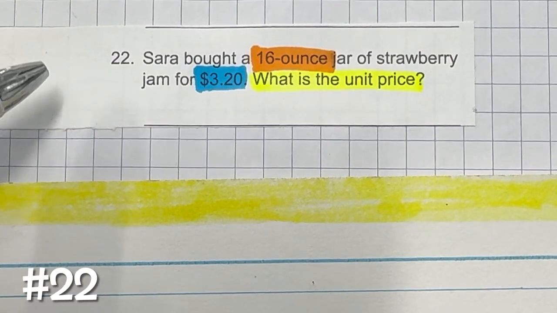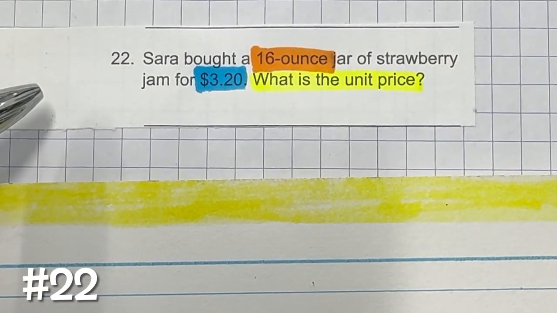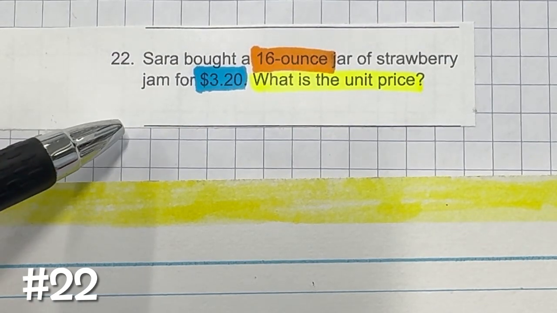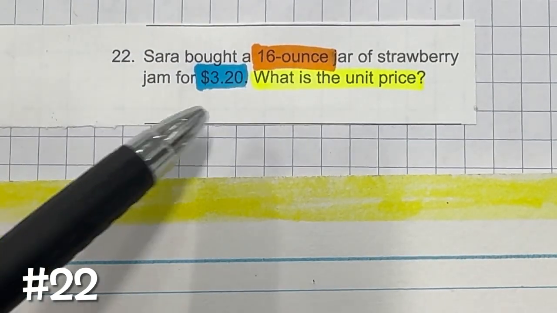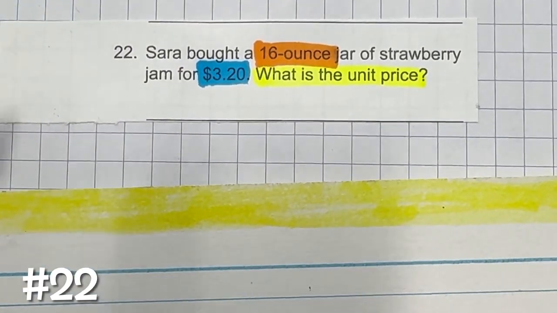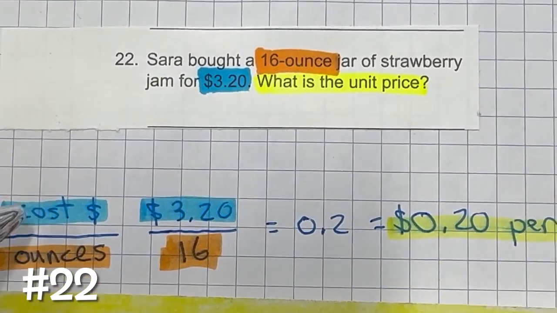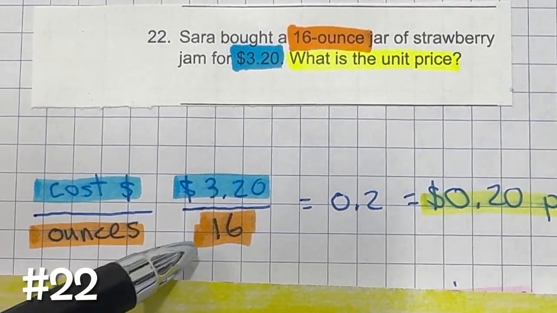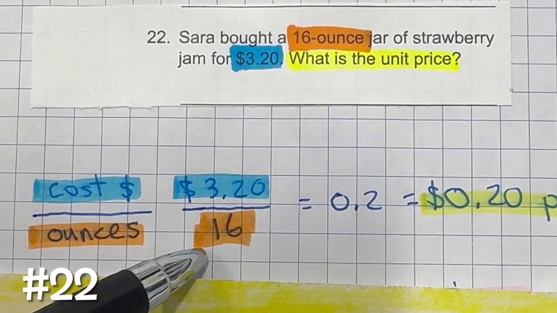Number 22, Sarah bought a 16-ounce jar of strawberry jam for $3.20. What is the unit price? Unit price is for 1 ounce. So we want to know the cost per ounce. So here we have cost per ounce, and it's $3.20 divided by 16.